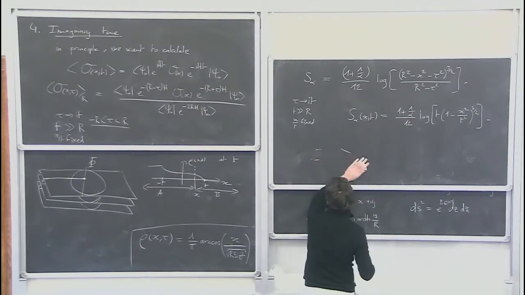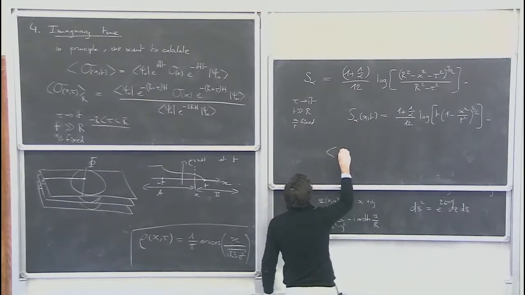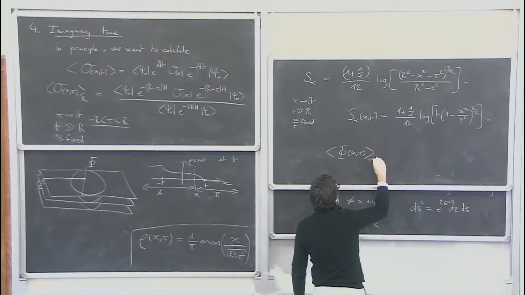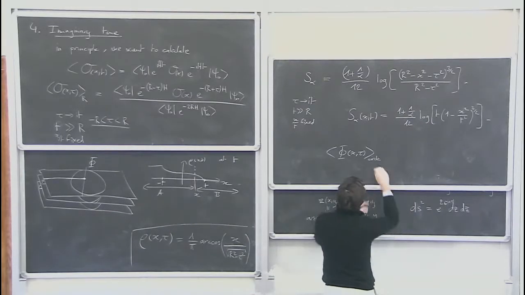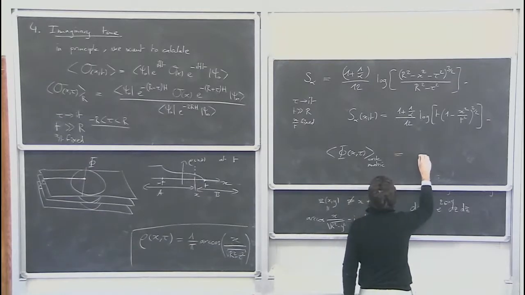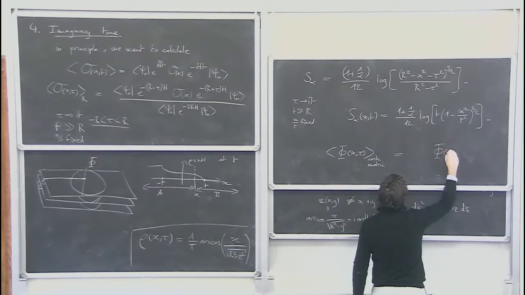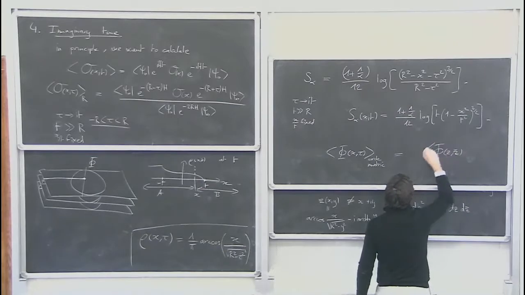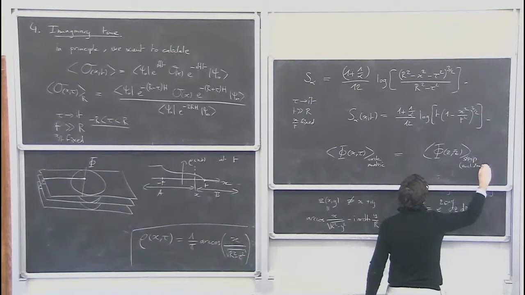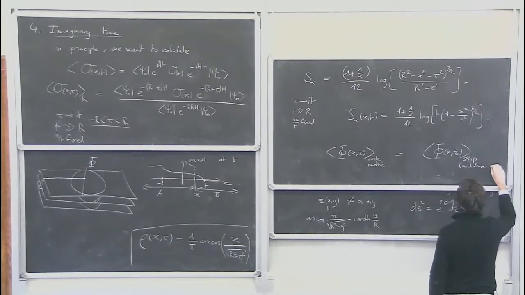Let me write it as this. So this is in the circle, in the original problem with this metric that I wrote. It's this one-point function in the strip with a Euclidean metric, which is really what I told you how to calculate last week.